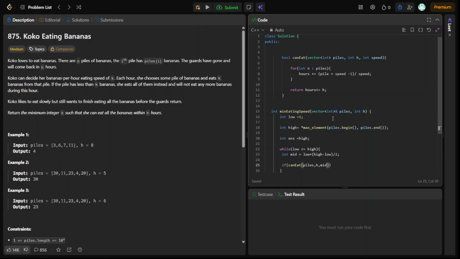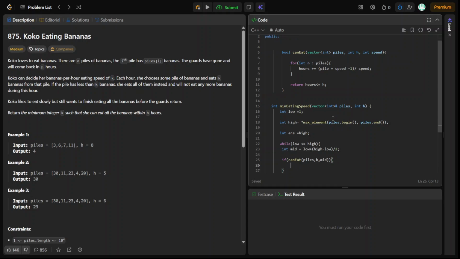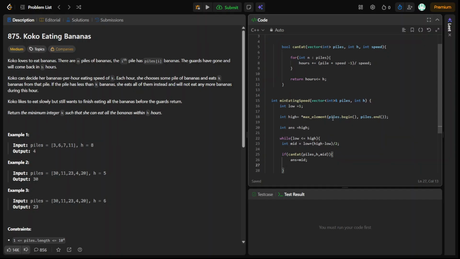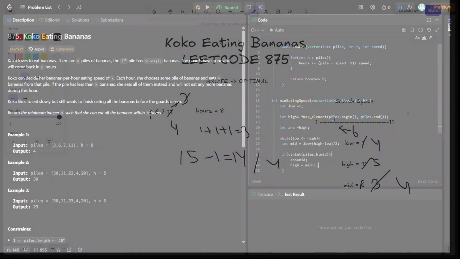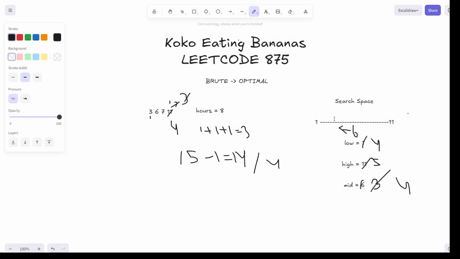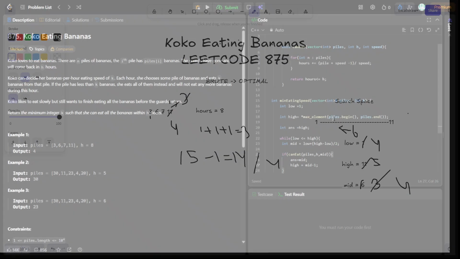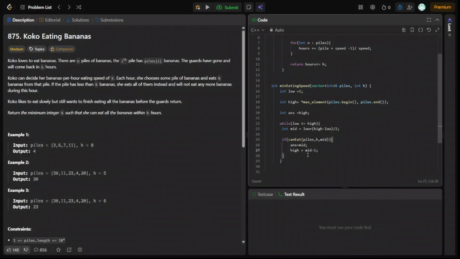So if it is true, the answer would be mid, and we decrement high to mid minus 1. Because if it was 6, as we talked on the whiteboard, then we moved to the left, 5. So high would be mid minus 1.